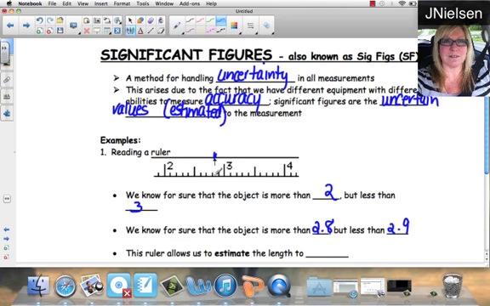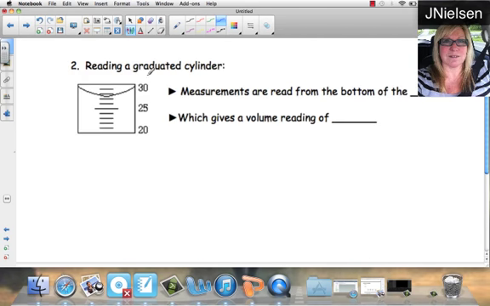So we know that this arrow is between 2.8 and 2.9. So we know for certain that we can measure to the tenths place, but this ruler will allow us to estimate the length to the hundredths. So we might say that this is 2.85.